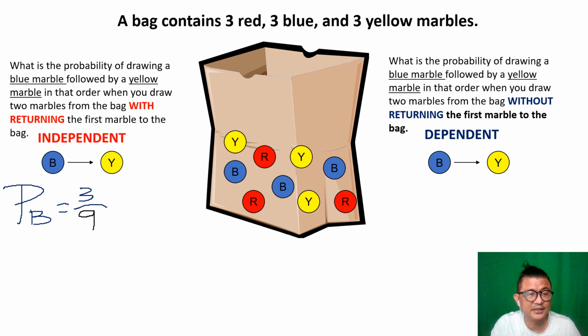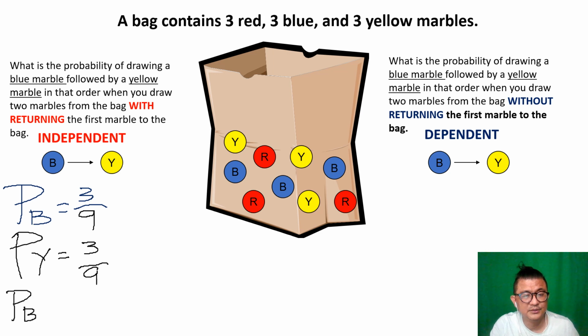So let's write it down. The probability of getting a yellow will now be, let's count the yellows. 1, 2, 3. So let's write 3 out of, what is our total again? 9. Okay. So what is the multiplication rule? Simply multiply the probability of getting a blue times the probability of getting a yellow.